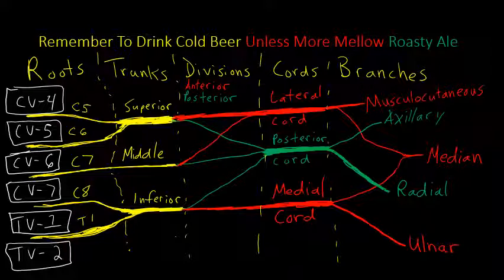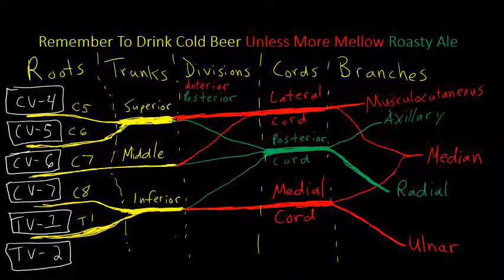Then the medial cord gives rise to the ulnar nerve that travels down the medial side of the arm, and then the medial side of the forearm along the ulna. The median nerve travels along the midline on the anterior and forms from the two cords that form from the anterior divisions, the lateral and medial cord.